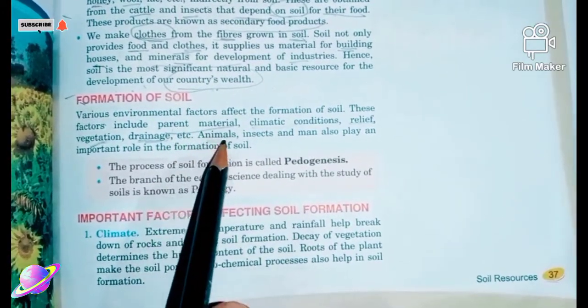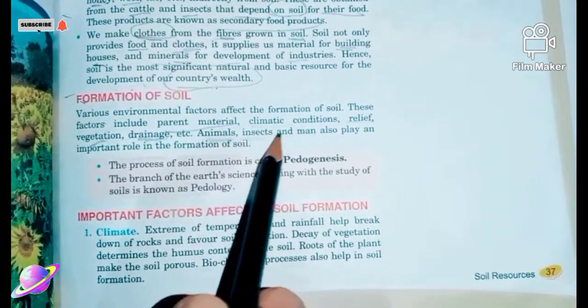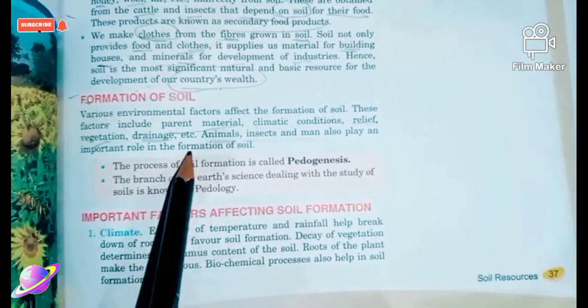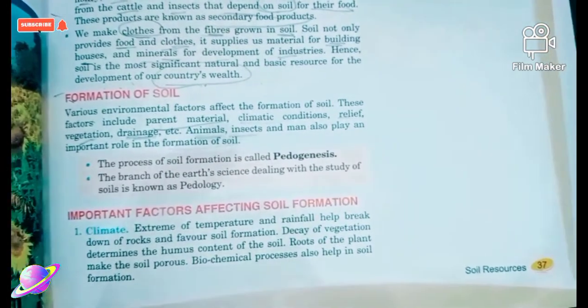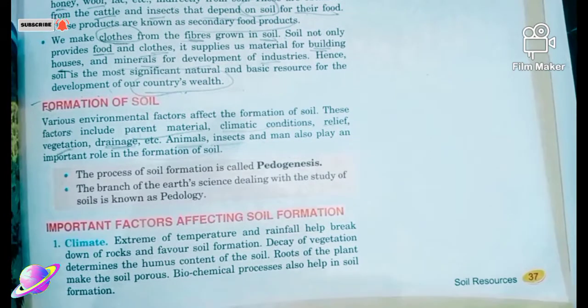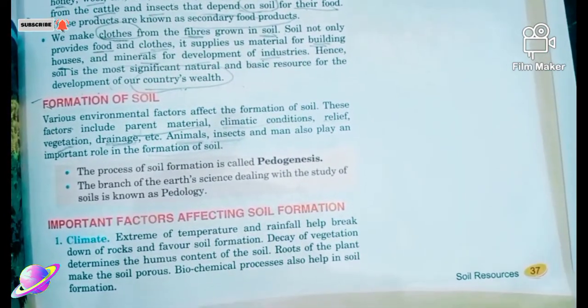Not only that, some animals, insects and human beings are also important in the formation of soil.